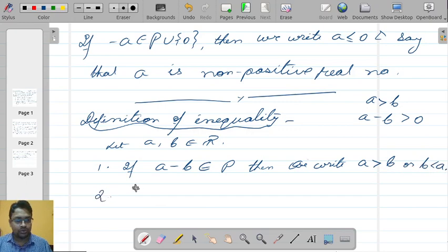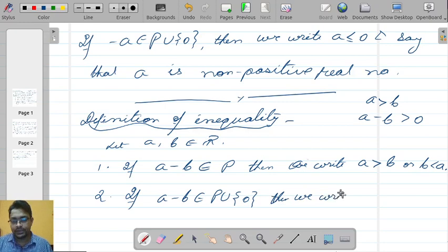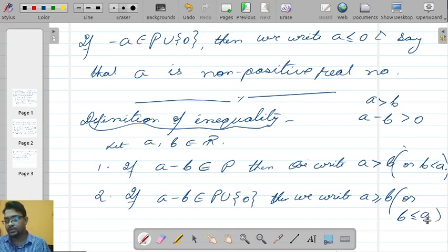So number 2, if A minus B belongs to P union singleton 0, then we write A is greater than or equal to B, or B is less than or equal to A. So this is the definition of inequality.